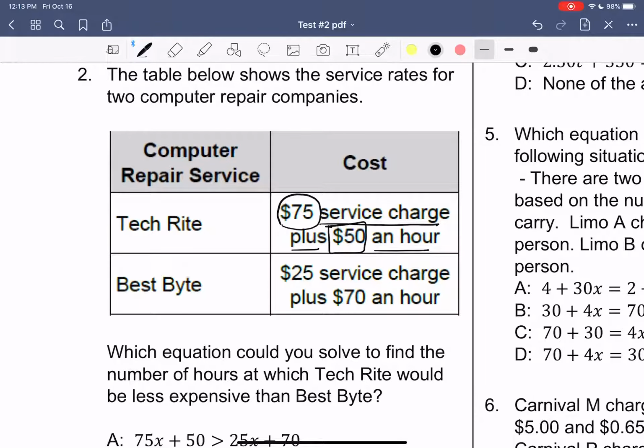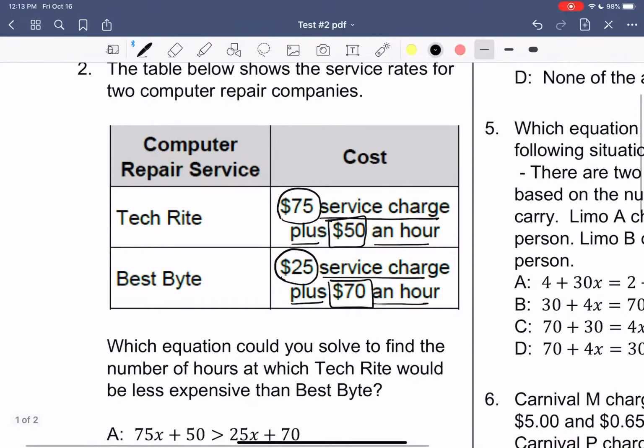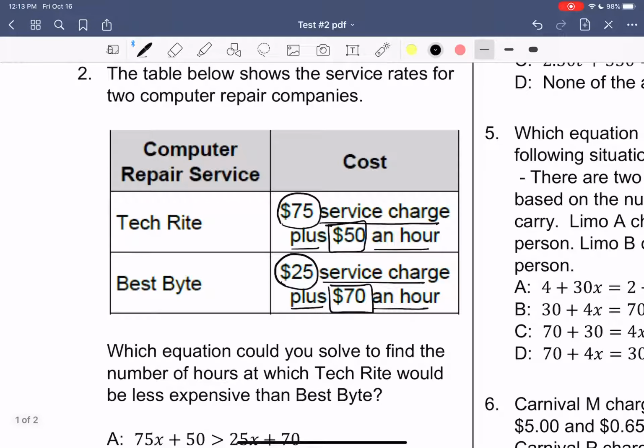And over here we have a service charge, so that's a one-time fee, plus $70 an hour. So which equation could you solve to find the number of hours at which TechRite would be less expensive than Best Buy? So less expensive, so we know we're going to be looking at a less than sign.